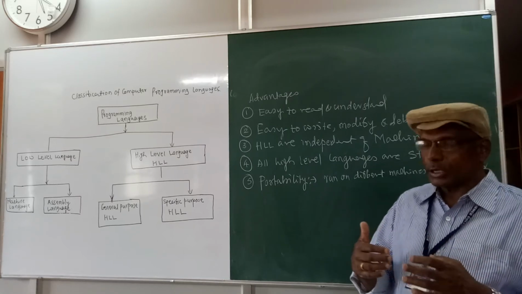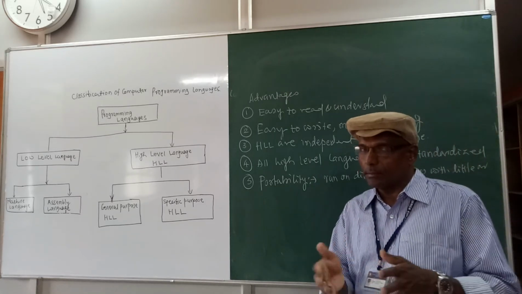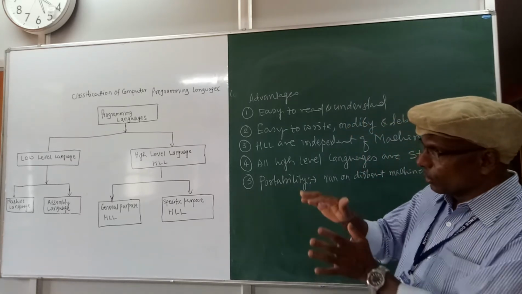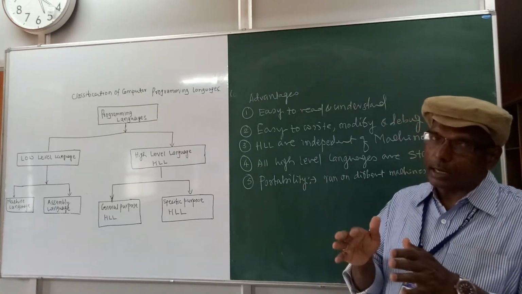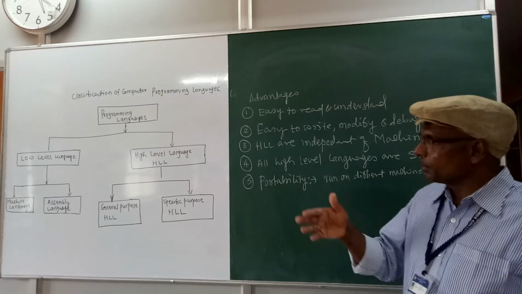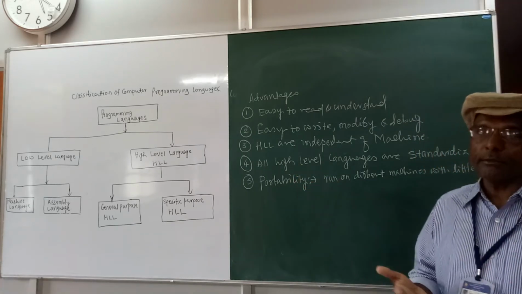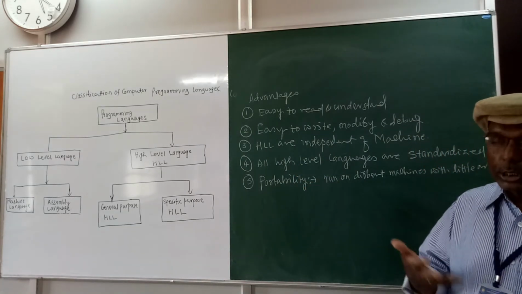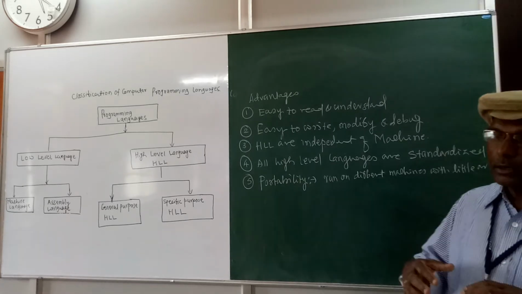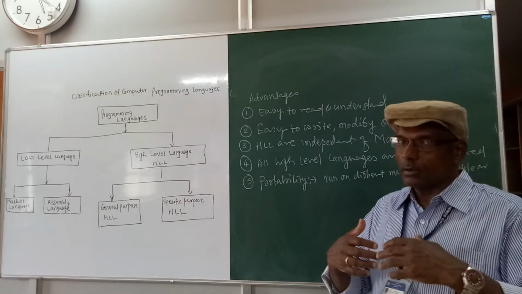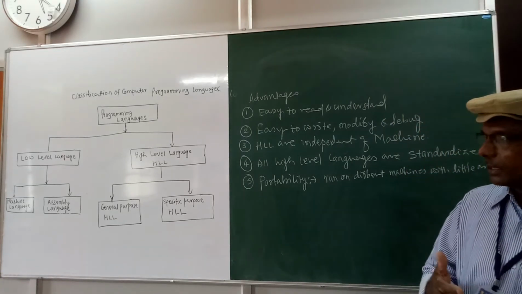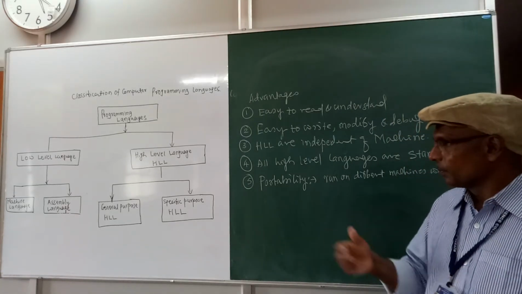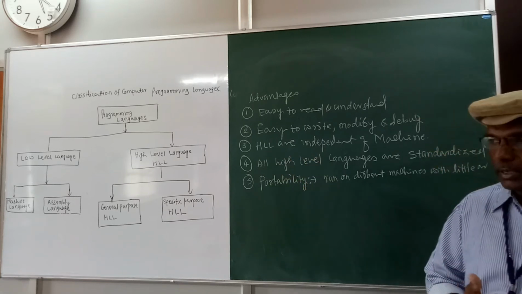They have some advantages as well as disadvantages. Compared to advantages, they have more disadvantages. All the low level languages are machine dependent, and people thought of a language which is machine independent and should be problem oriented. It should solve a problem specifically rather than being machine oriented. So called high level languages.